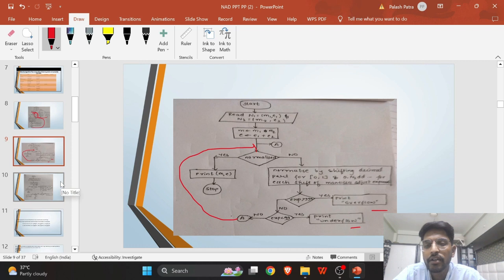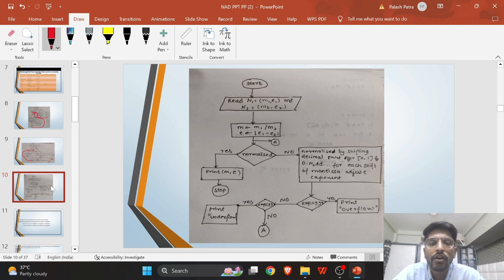Now let's check the algorithm for division of two floating point numbers. Similarly, we first read the values of n1 and n2, containing the mantissa part m1 and exponent e1 in n1, and in n2 we have the values m2 and e2 as the mantissa and exponent parts.